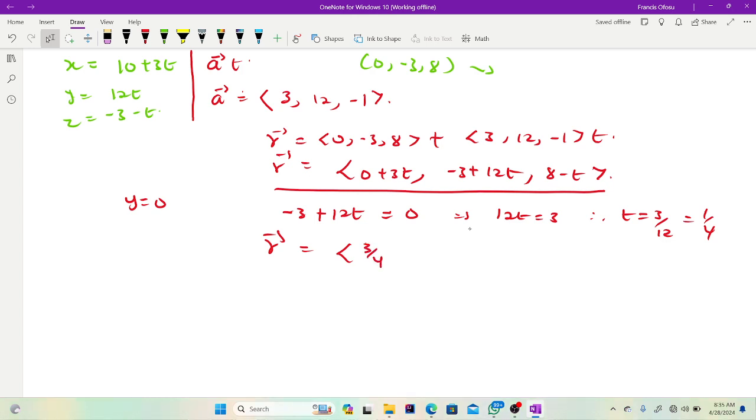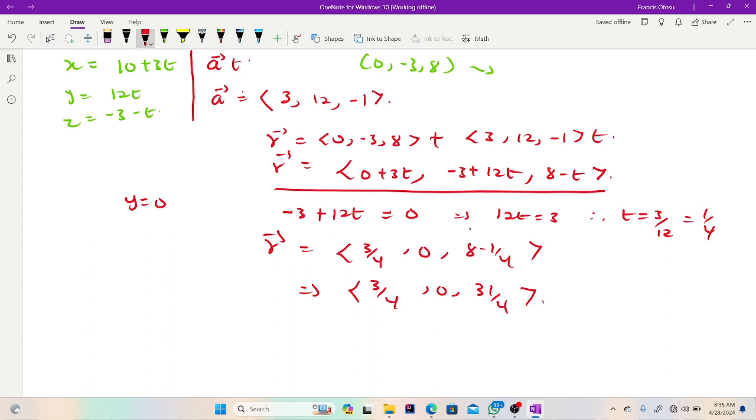So 3 on 4, comma, here I'll get 0, because when I multiply 1 on 4 by 12, I'll get 3, and negative 3 plus 3 is 0. Then 8 minus 1 on 4. Let me further simplify here: 32 minus 1, 31 on 4. So (3/4, 0, 31/4).